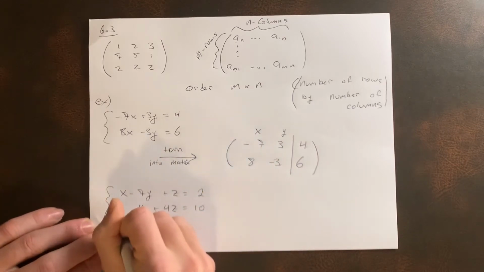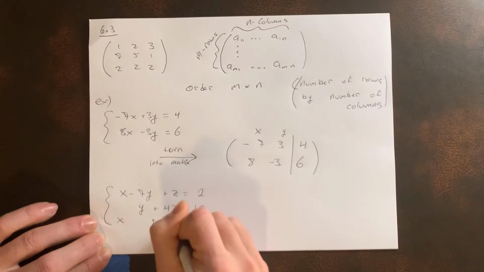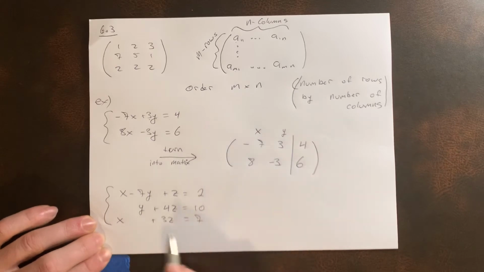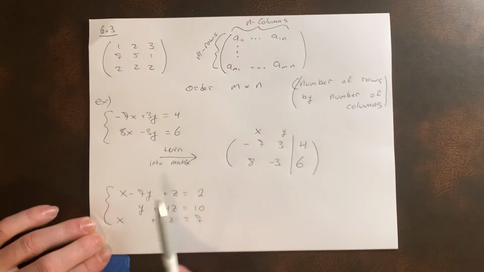And then this bottom one, we can have x plus 3z is equal to, let's do 7. So here's a system of equations. We have 3 equations, the first, second, and third. We have 3 variables we're solving for, an x, a y, and a z. This equation doesn't have an x in it, but that's fine. And this one doesn't have a y in it, but that's still fine.